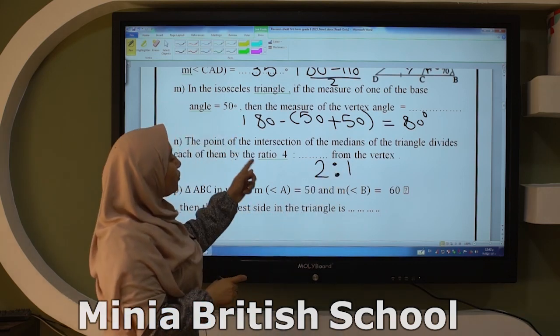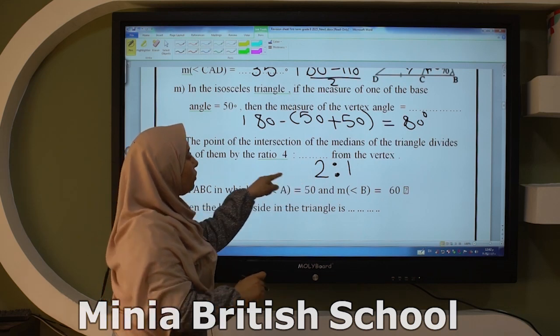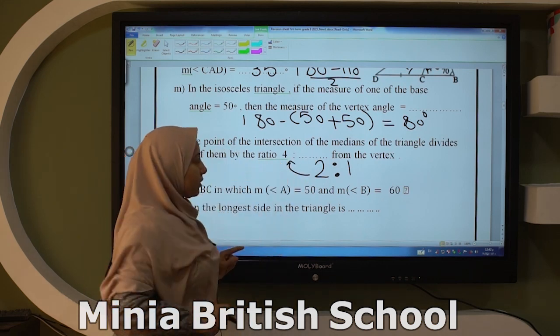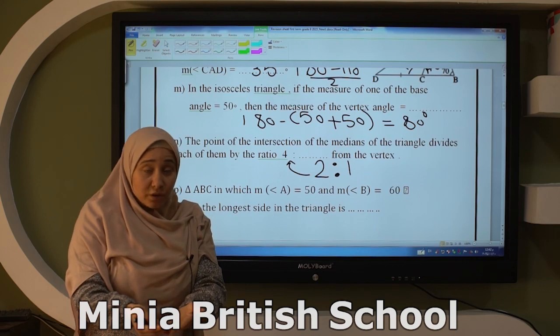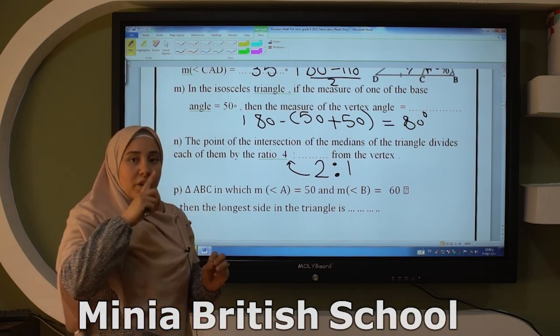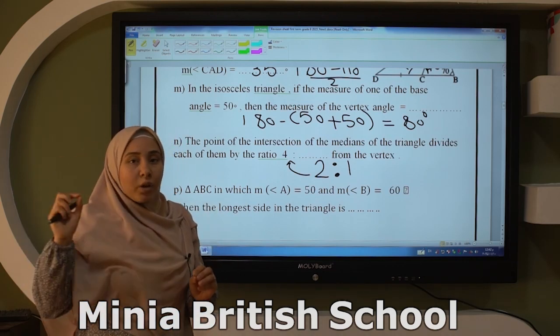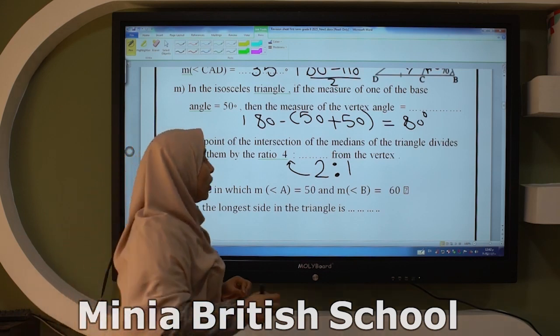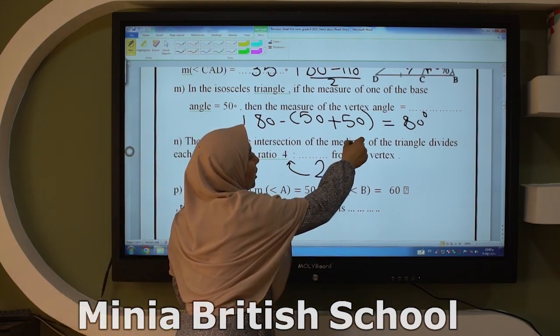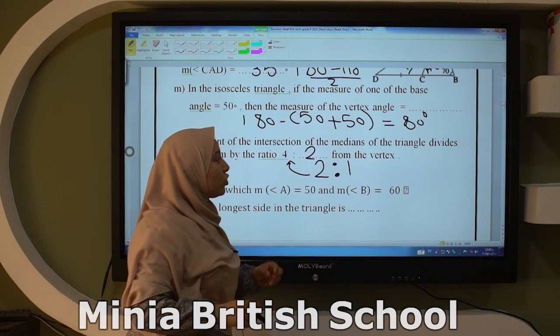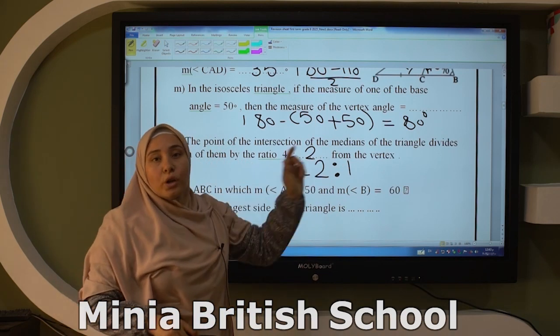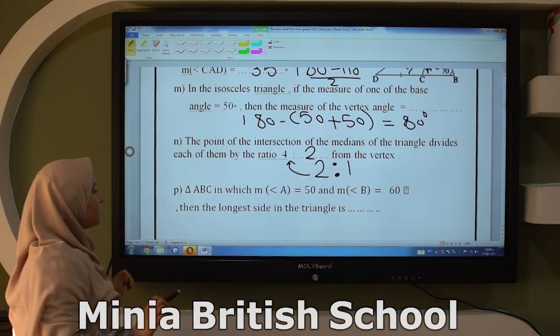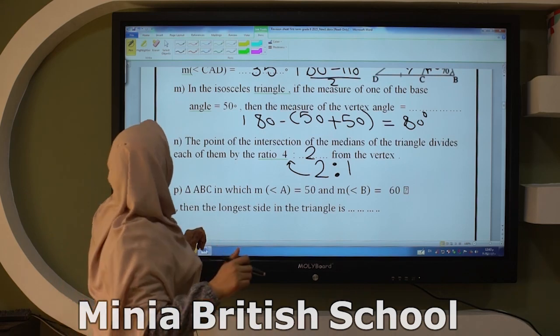Here I have 4 to what? 2 becomes 4, then I multiply by 2. Then multiply the second term in the ratio by 2 also. Then 1 multiplied by 2 equals 2. Then the ratio becomes 4:2. Okay?